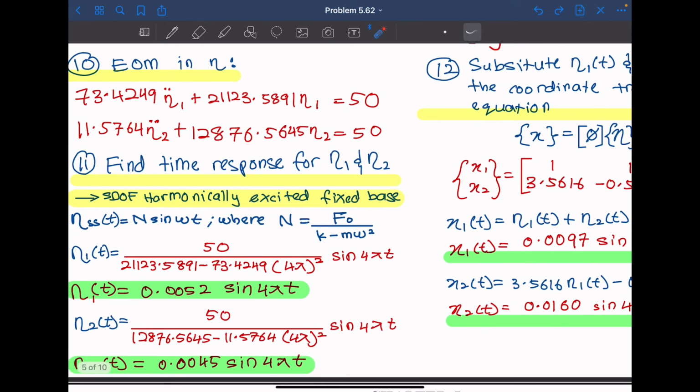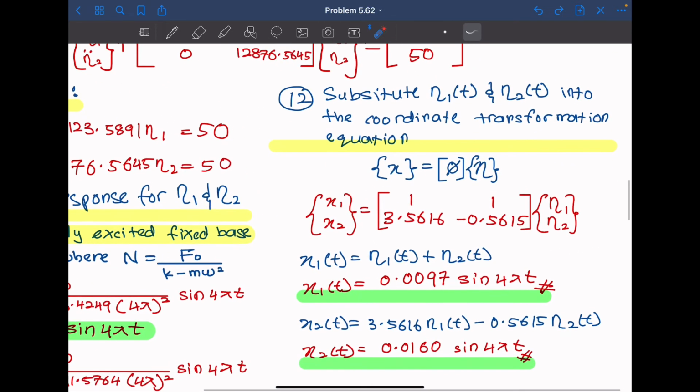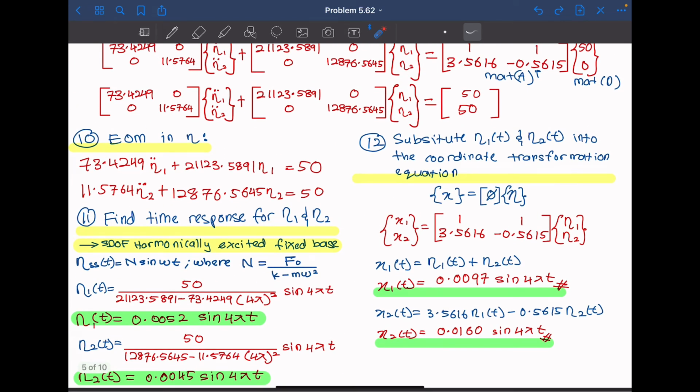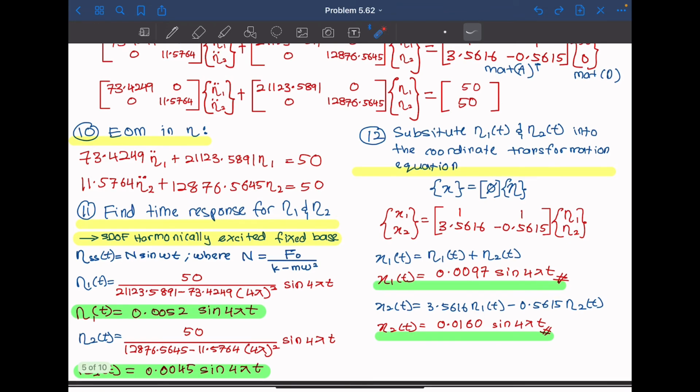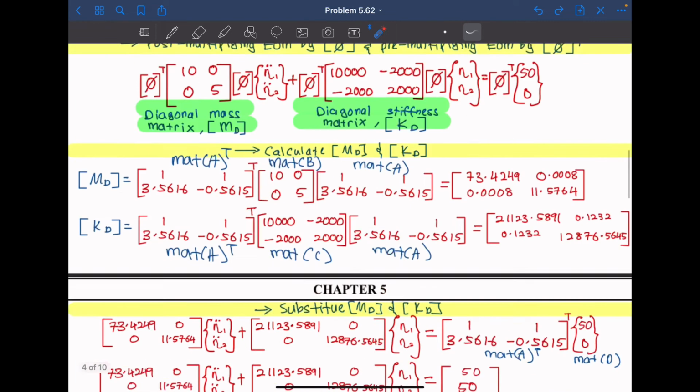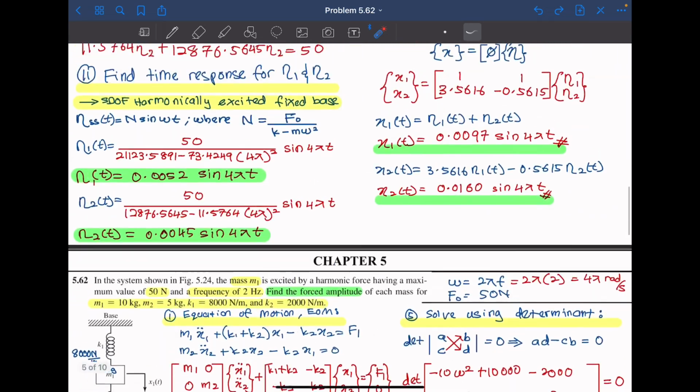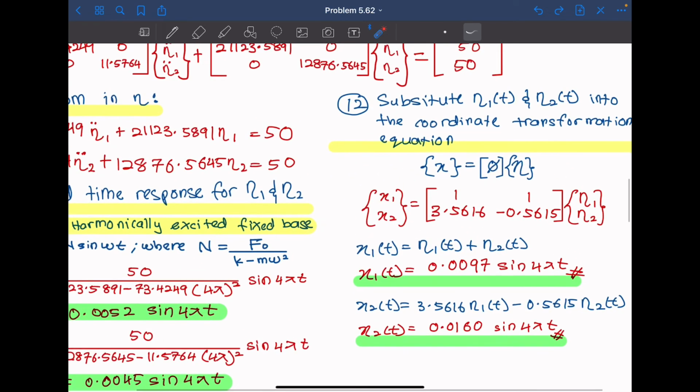The last step is to substitute eta 1 and eta 2 into the coordinate transformation equation. This is the one we used just now to change x coordinates to eta coordinates. Use that formula again and take out the matrix.